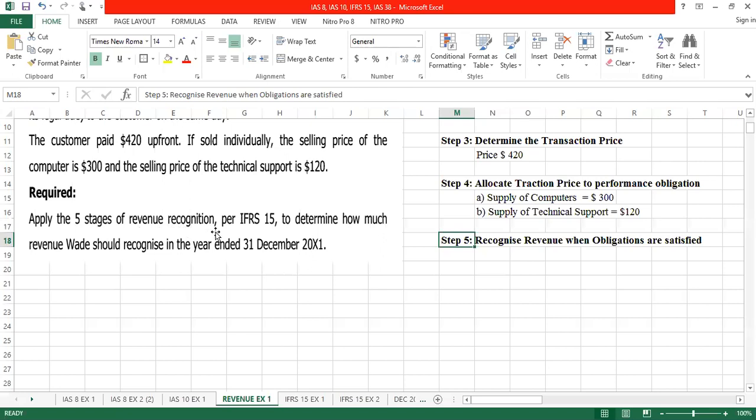You are being asked here, look at this. Apply the 5 stages of revenue recognition per IFRS 15 to determine how much revenue Wade should recognize in the year ended. When is the year ended? The year ended 31st December 2001.